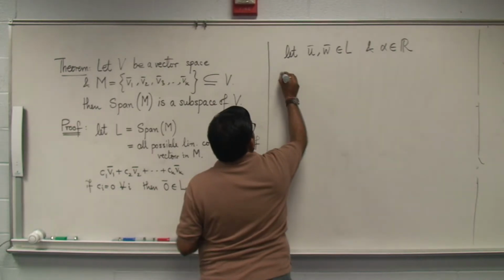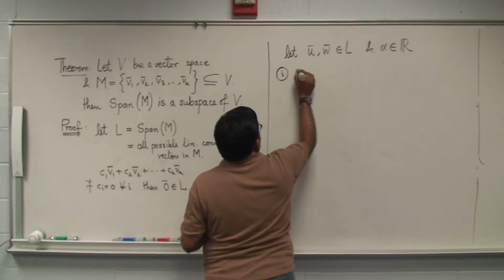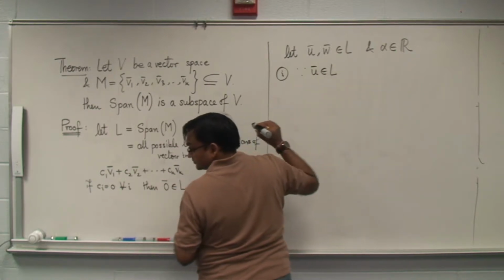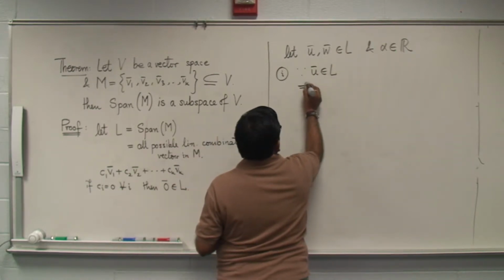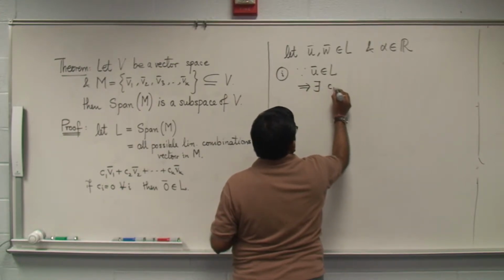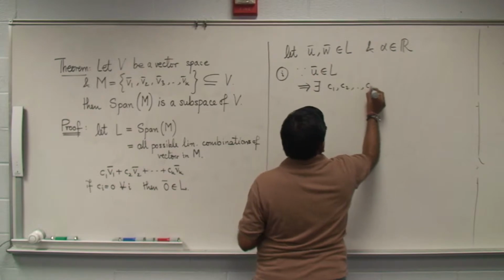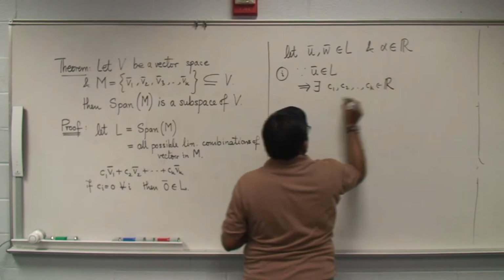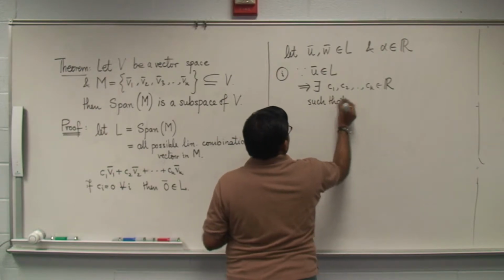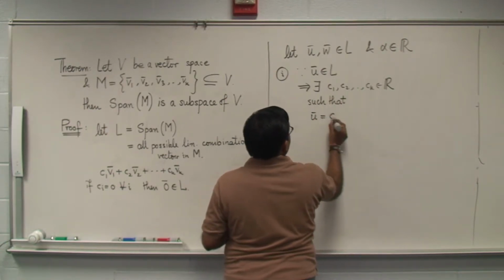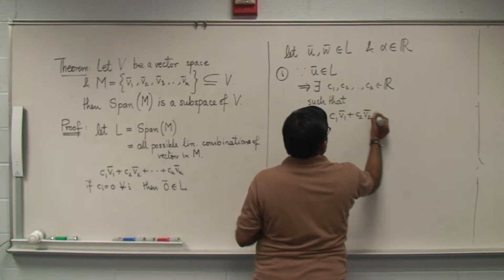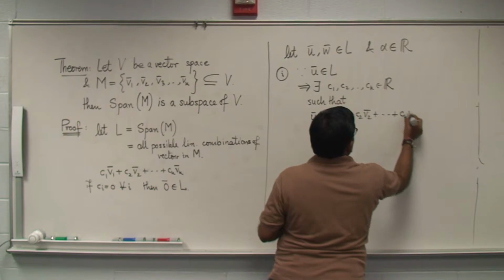Okay. So first things first. Since u lives inside L, I can say that there must exist some scalars such that u can be written as c1 v1 plus c2 v2 plus ... plus ck vk.